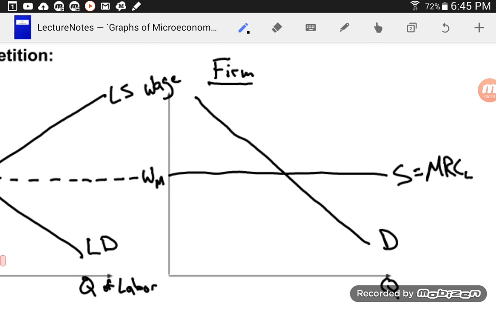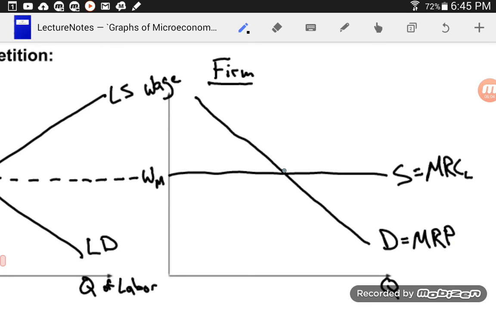downward sloping portion. And really what we're talking about here with this labor market is the marginal revenue product. Demand in this case is: I'm going to keep hiring workers, I'm going to keep demanding more workers as long as the additional revenue, the marginal revenue that they bring in for the products that they produce, is greater than the marginal resource cost.